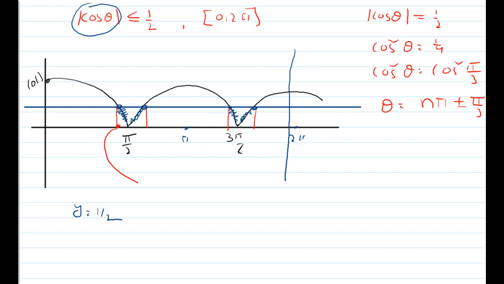This is nothing but pi by 3. So this is nothing but pi minus pi by 3. Means your x value should lie between pi by 3 to pi minus pi by 3. So this point is nothing but pi plus pi by 3.